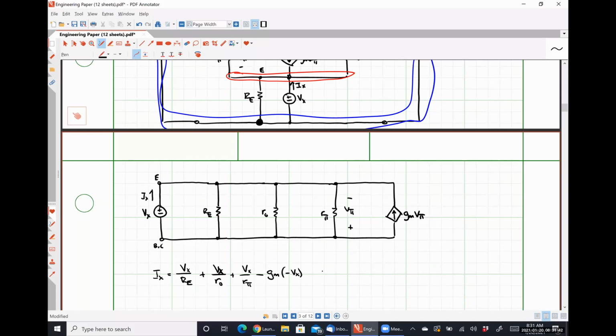And I can observe very easily that because all of those elements are in parallel, Vx is exactly the same as negative V pi.